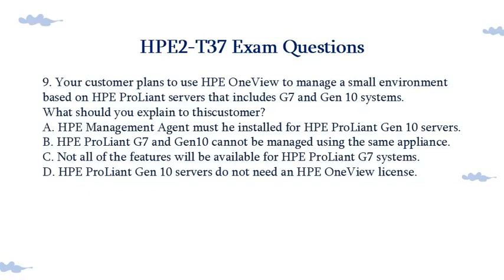B. HPE ProLiant G7 and Gen10 cannot be managed using the same appliance. C. Not all of the features will be available for HPE ProLiant G7 systems. D. HPE ProLiant Gen10 servers do not need an HPE OneView license.